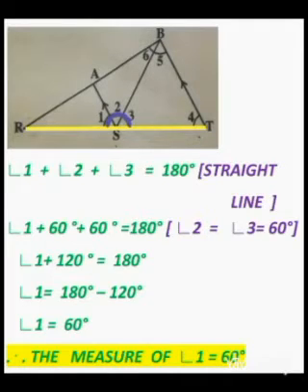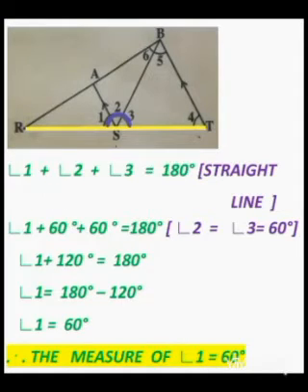Now you observe the figure here, children. RST is a straight line and the sum of the interior angles is equal to 180 degrees. So angle 1 plus angle 2 plus angle 3 is equal to 180 degrees.